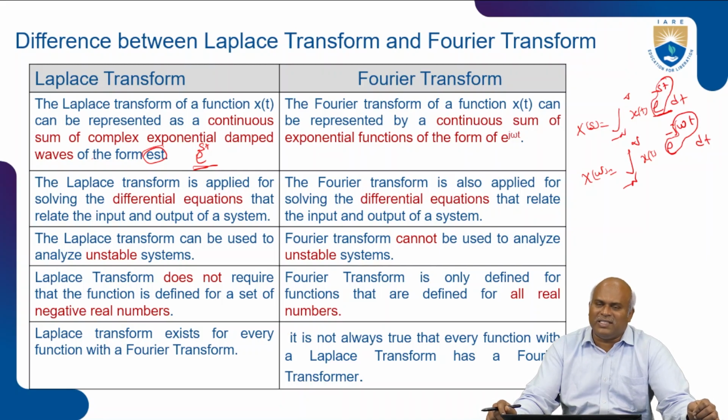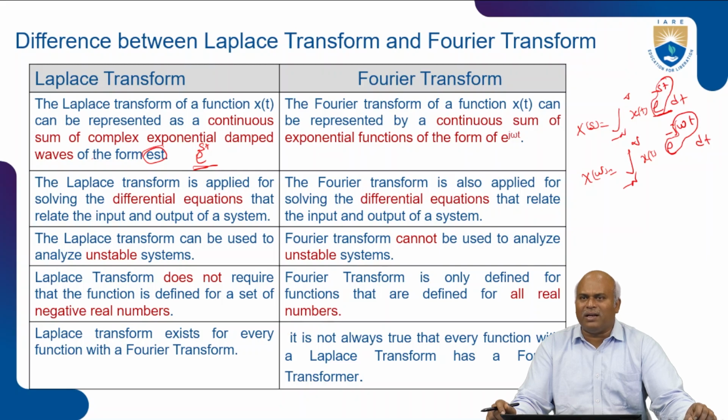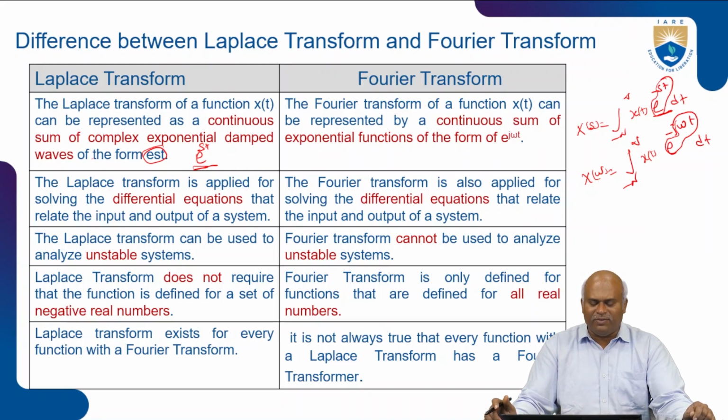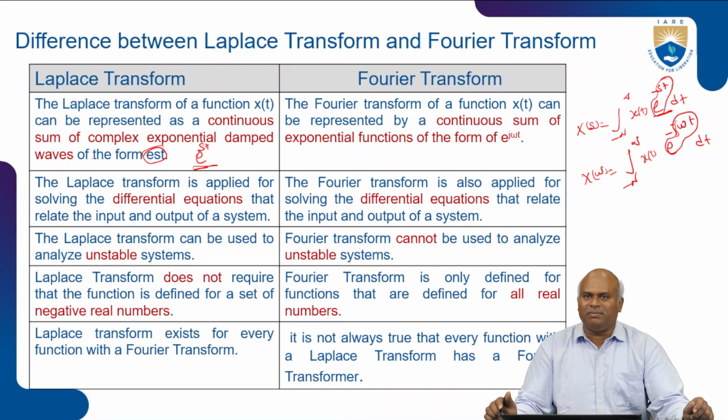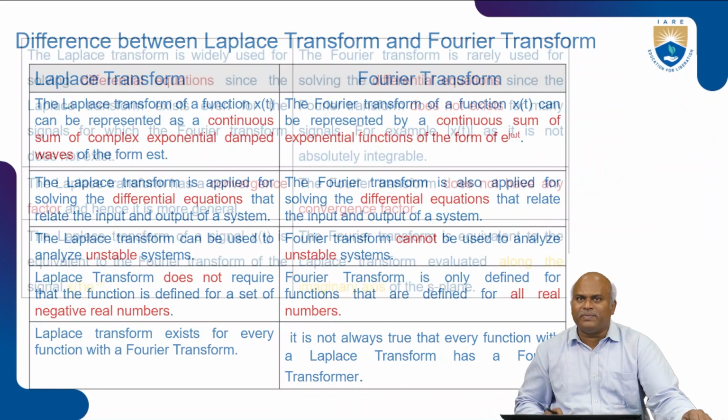That means the Fourier transform is only defined for functions that are defined for all real numbers. Next case, the Laplace transform exists for every function with a Fourier transform, but it is not always true that every function with a Laplace transform has a Fourier transform.